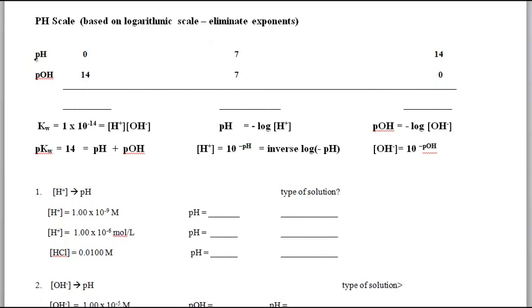Okay, this is what I'm looking at first, right here, the pH scale. Just look at these top numbers. What happens at a pH of 7? I know that my hydrogen concentration is equal to my hydroxide concentration. So if both of those happen, at a pH of 7, we say it's neutral. We have a neutral solution.